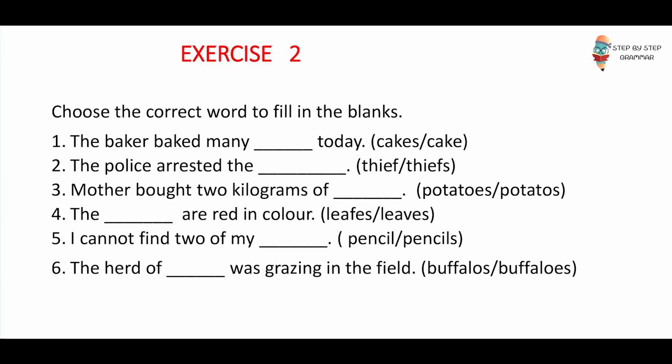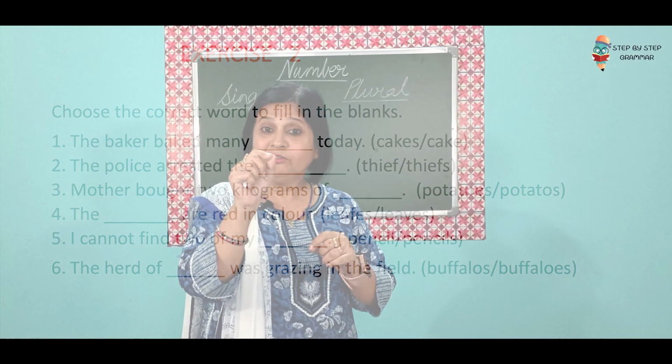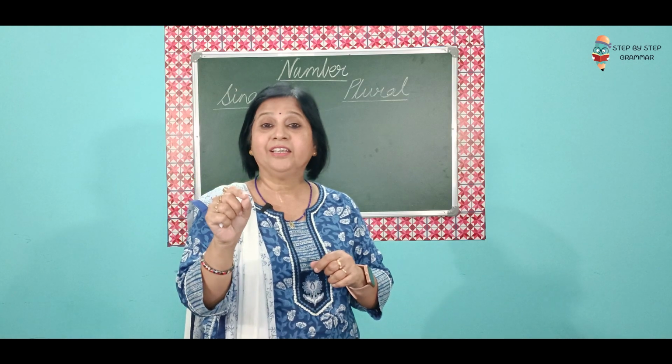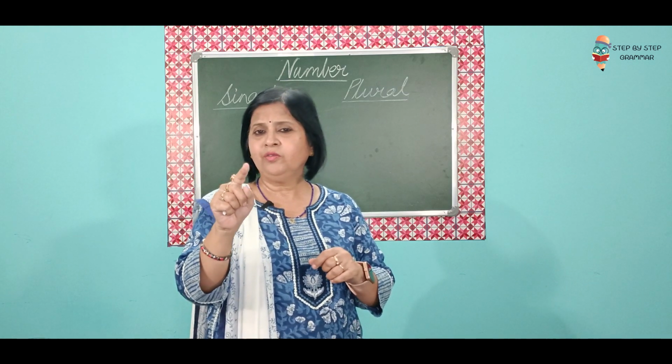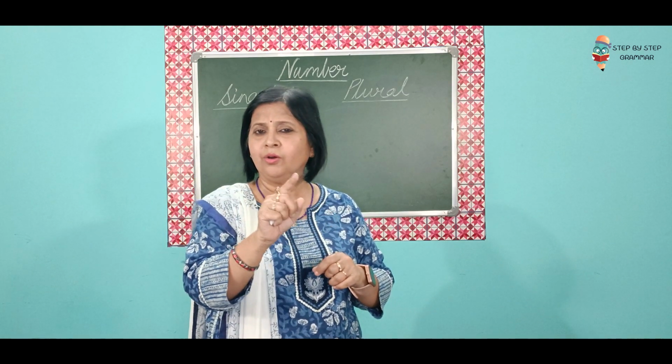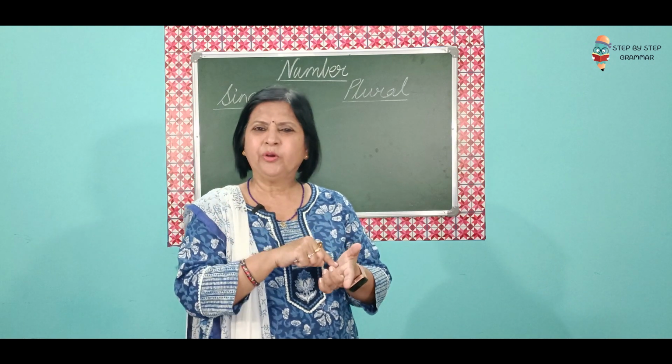The next exercise, you have 2 options given for each sentence in the bracket. So this is like fill in the blanks using the correct option that is given in the brackets. So read the sentence, you'll get a hint over there. The hint word is somewhere over there, which will help you to find the correct answer. Whether you should go in for the singular noun or the plural noun?